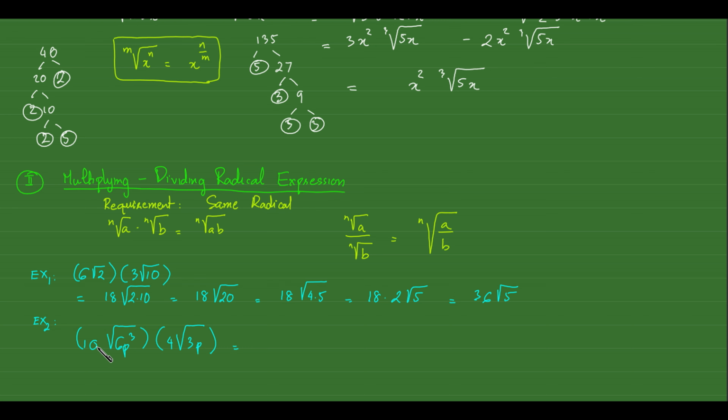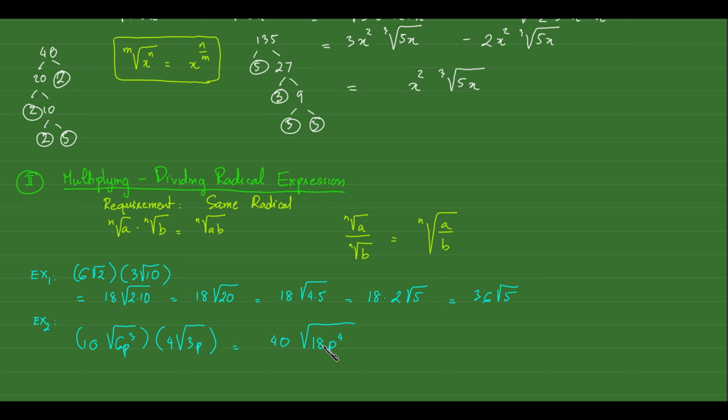So I'm going to multiply the coefficients, 10 times 4 is 40. Then I'm going to combine under one radical: 6 times 3 is 18, and p to the third times p is p to the 4. See, I just combined it, and when you combine it, you just multiply the radicands together.